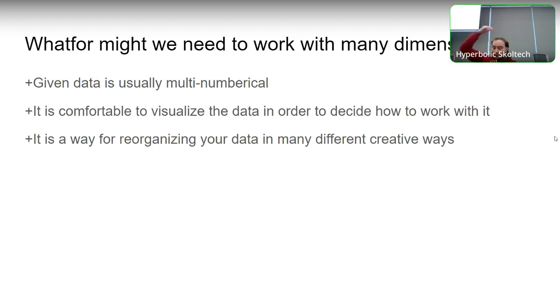Actually, usually our data is presented as many numbers, some sequence of numbers, maybe not very related to each other. For example, data of people's weight, age, geographic coordinates of their birth, whatever numbers you like to present in your data.